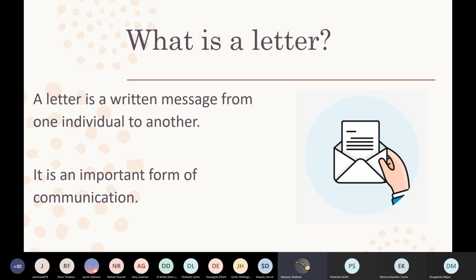Good job. Okay, and we know that a letter is a form of communication, and historically it was a very important form of communication. It was the only form of long distance communication for most of human existence. Think about that, right? The telephone was invented in 1876. The internet didn't become a thing until about the early 1990s.